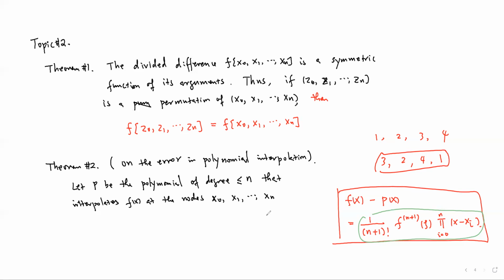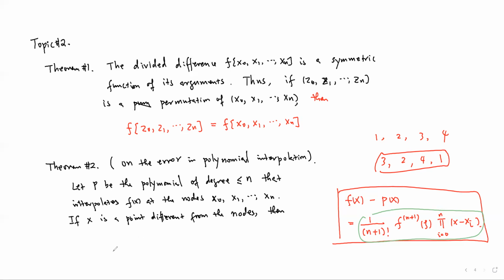Assume the nodes are distinct, different. Then the conclusion is, if x is a point different from the nodes, then we have the following error formula.